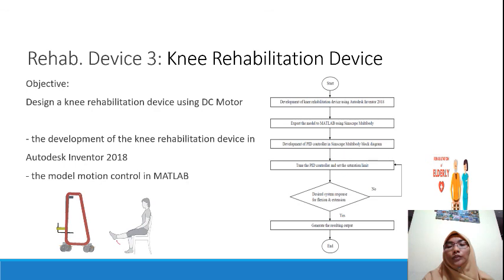From that we can get the output, whether force or torque, and we do the analysis. If the analysis achieves the standard gait patterns of the knee joint motions, then we can decide what type of DC motor is suitable for this knee rehabilitation device.